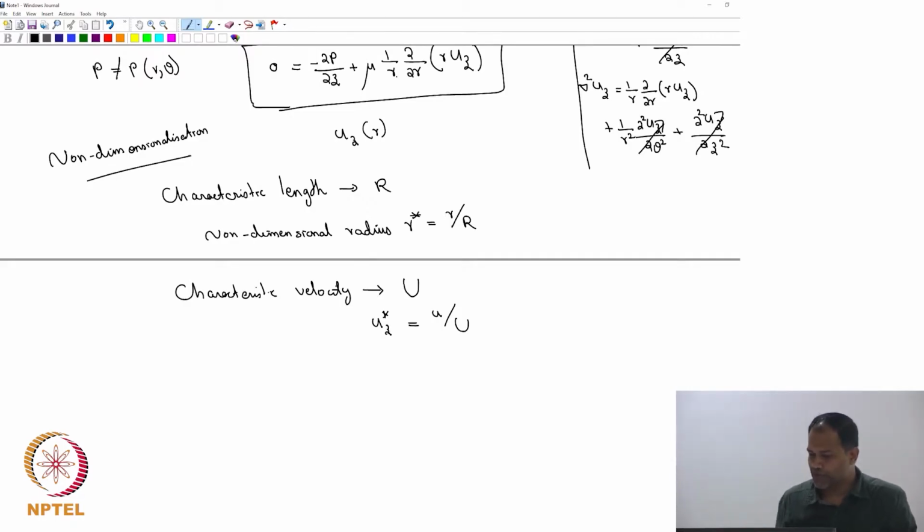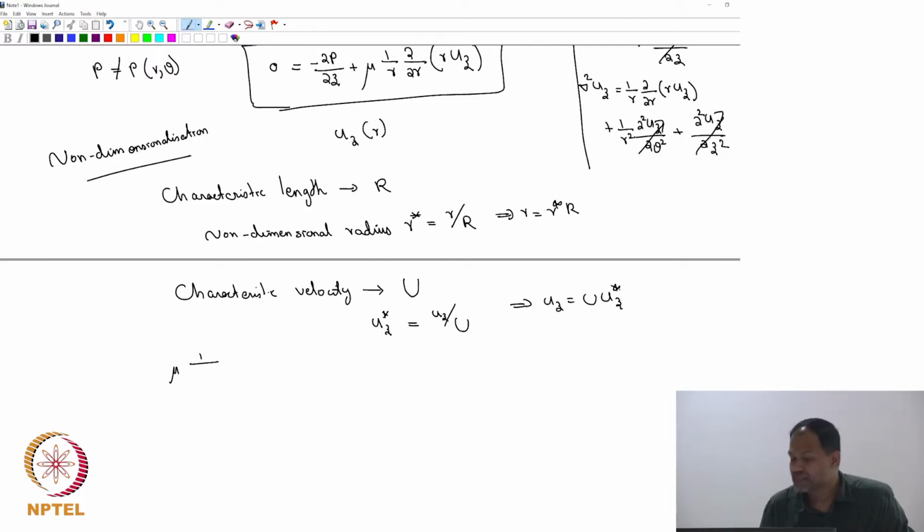So, you need to non-dimensionalize the other terms. This tells me that r is equal to capital R times r star, and uz is equal to capital U times uz star.